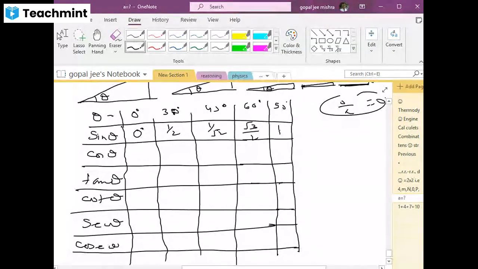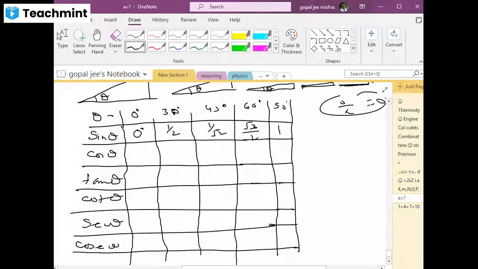Okay, but I have discovered a trick to remember these values. Beta, these all are derived values. I will show you the derivation of everything. But the important thing is that we have to recall these values whenever they are required for solving a question.